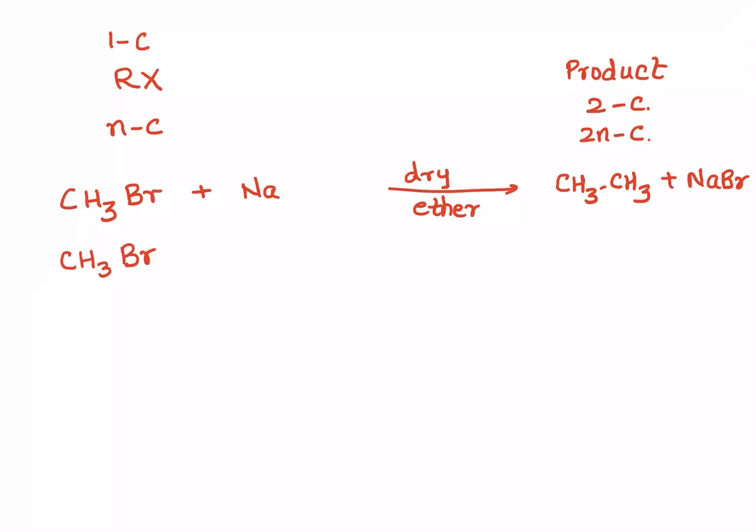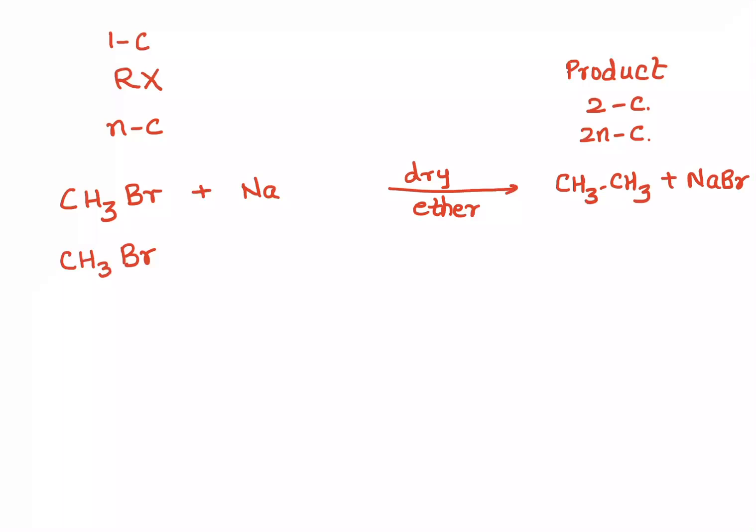This is basically two molecules of the same compound, CH3Br. So you have to be careful. Why I am saying this is because in my experience, I have seen students drawing a line indicating a bond between them. No, that is wrong. So please don't make that mistake.